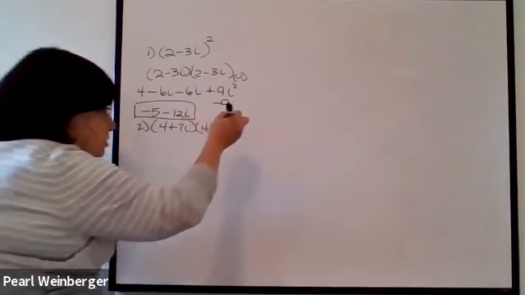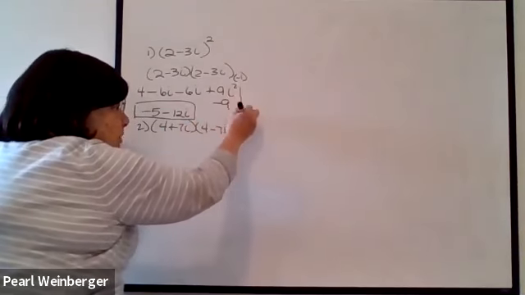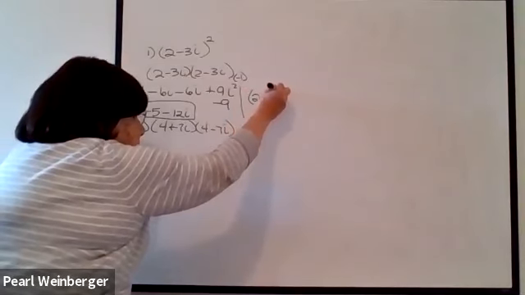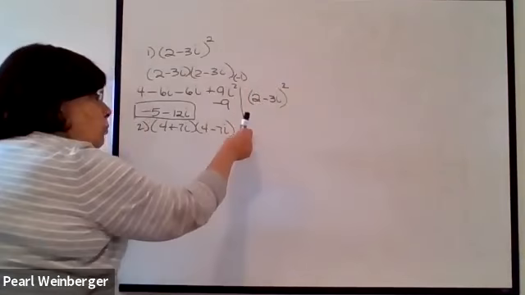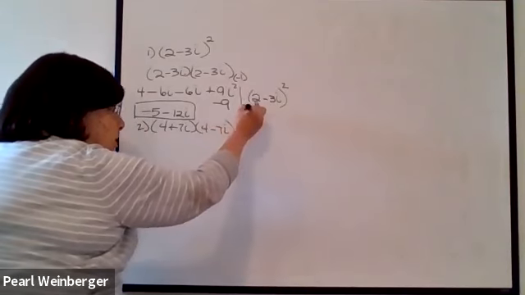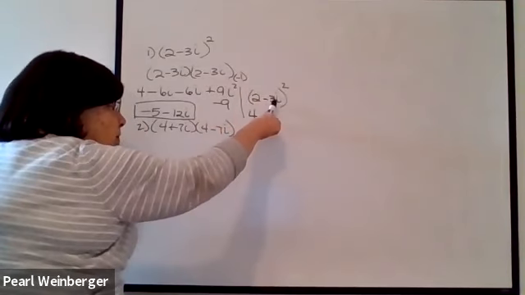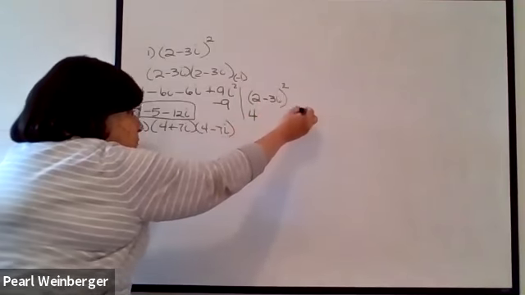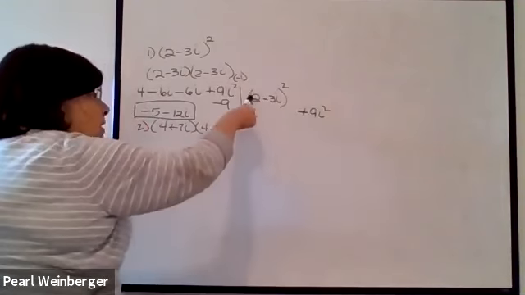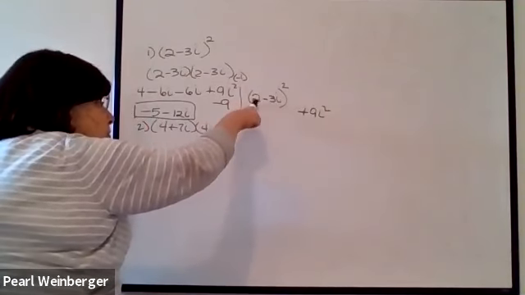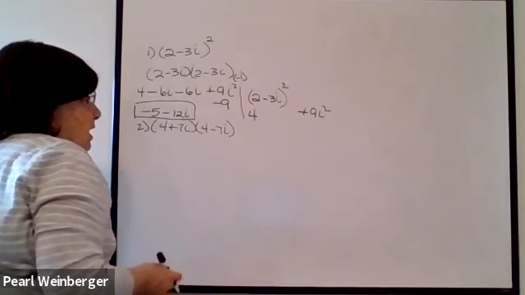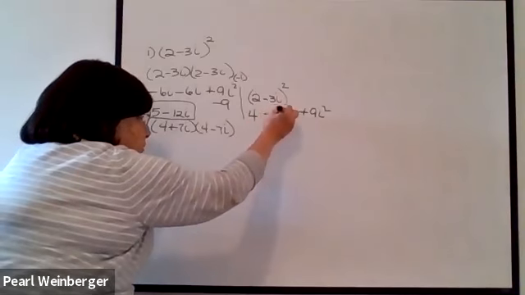Just as a recall, you don't have to do both of these. If you wrote it as 2 minus 3i squared, you could remember what I said about squaring a binomial. You square the first term, 2 times 2, and you get 4. You square the last term, negative 3i times negative 3i is positive 9i squared. And then you multiply these two together, 2 times negative 3i is negative 6i, and you double it, that's your negative 12i.